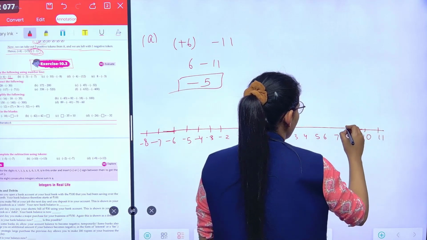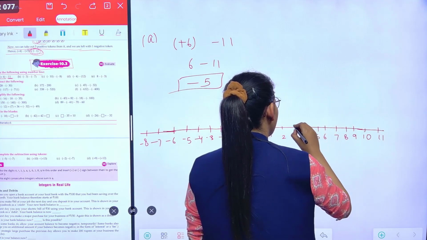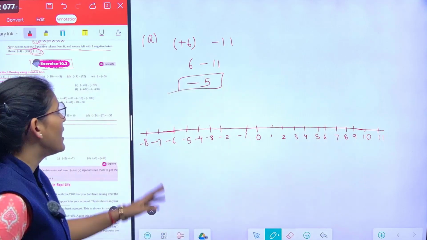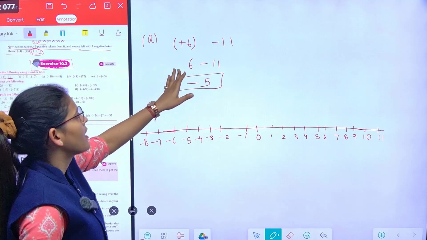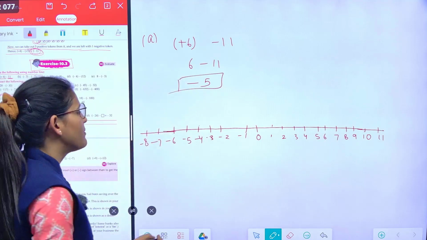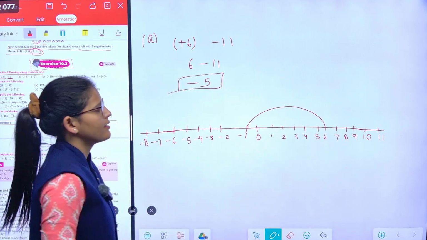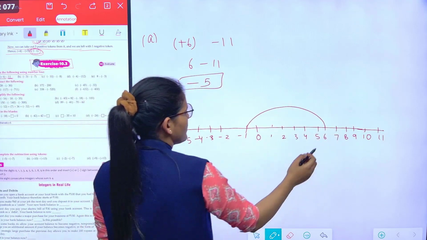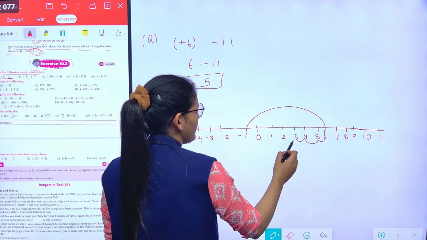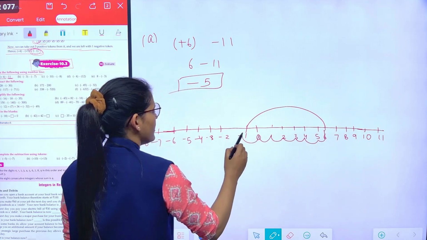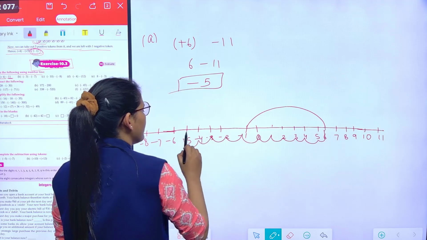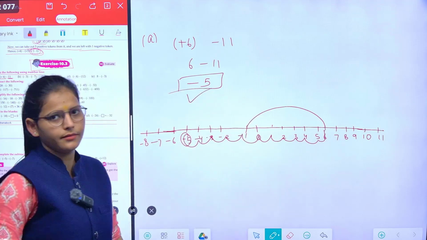Yes class. Here. Now class, minus 11 और plus 6. तो class हम plus 6 पे जाते हैं पहले. Plus 6 minus 11. Now class, 1, 2, 3, 4, 5, 6, 7, 8, 9, 10, 11. That is minus 5. You can see here.